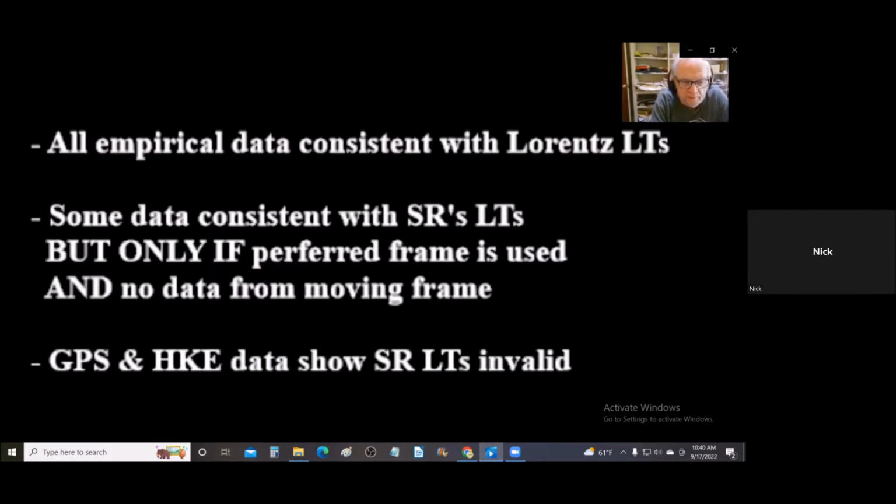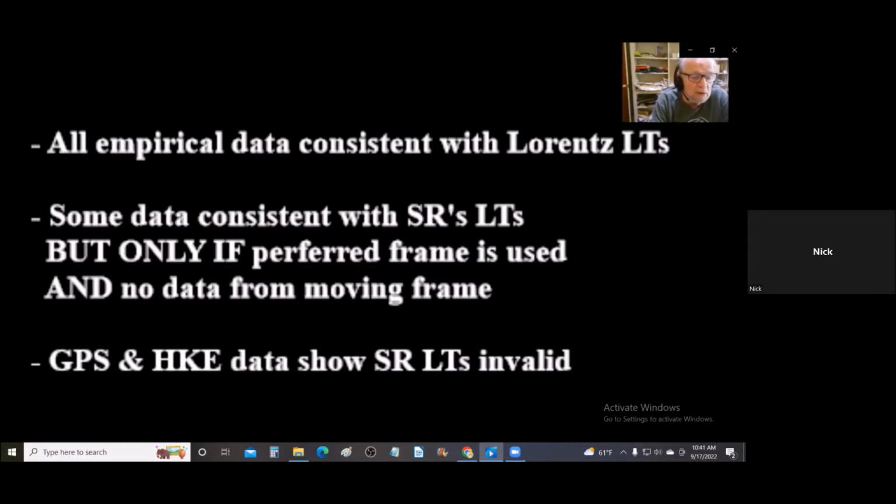All the empirical data is consistent with the original Lorentzian LTs. Now, some data is also consistent with special relativity's Lorentz transformations, but only if the Lorentzian preferred frame is used as the base frame for collecting data, and there's no data from the moving frame.